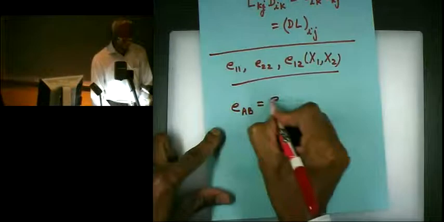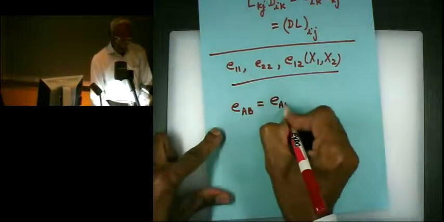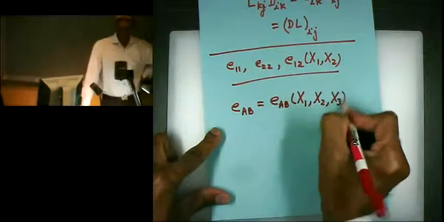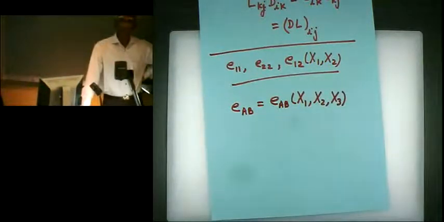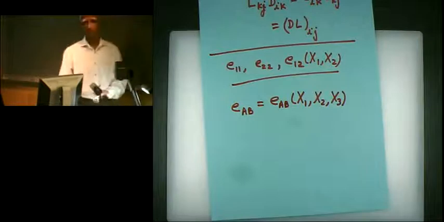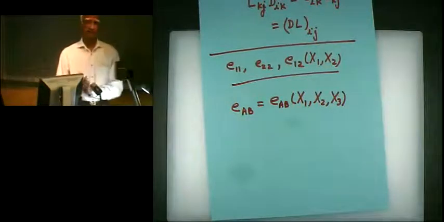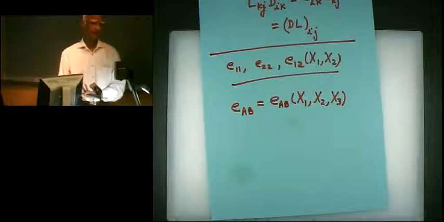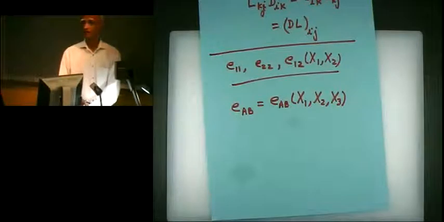So these are functions of X1, X2, and X3. Now remember, we have strain gauges. In this case, we have strain gauges in the interior of the body too. Think of this as having wireless instruments.